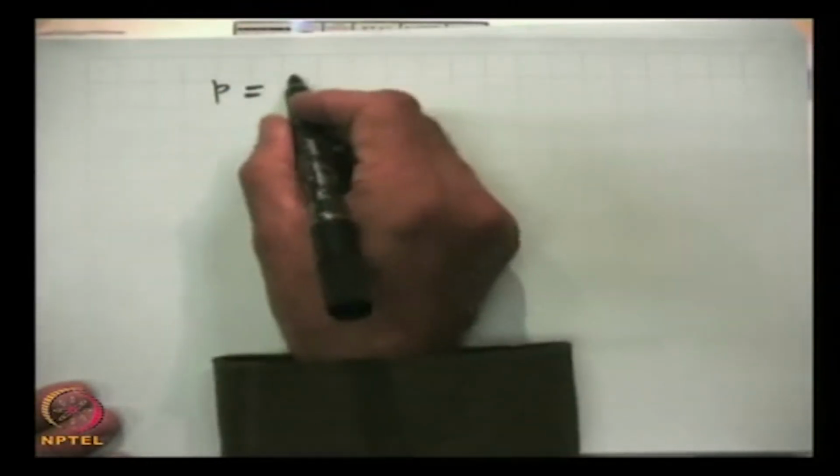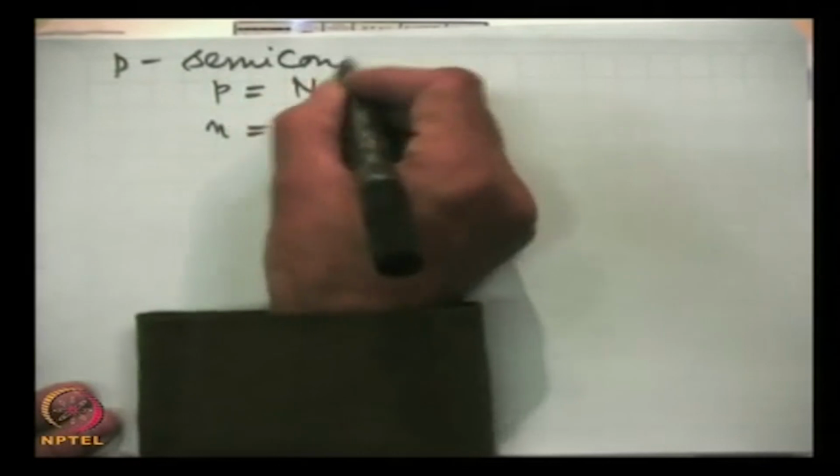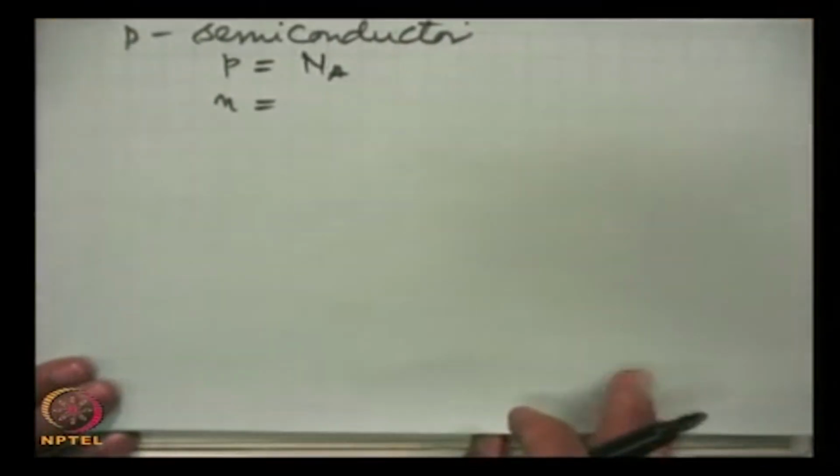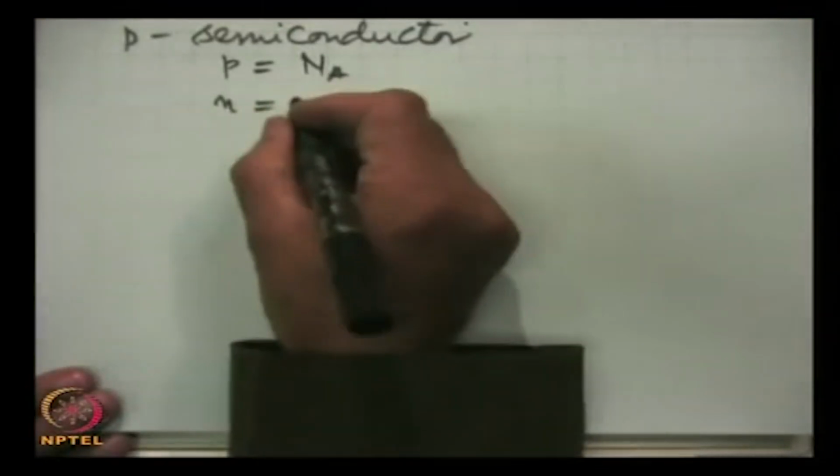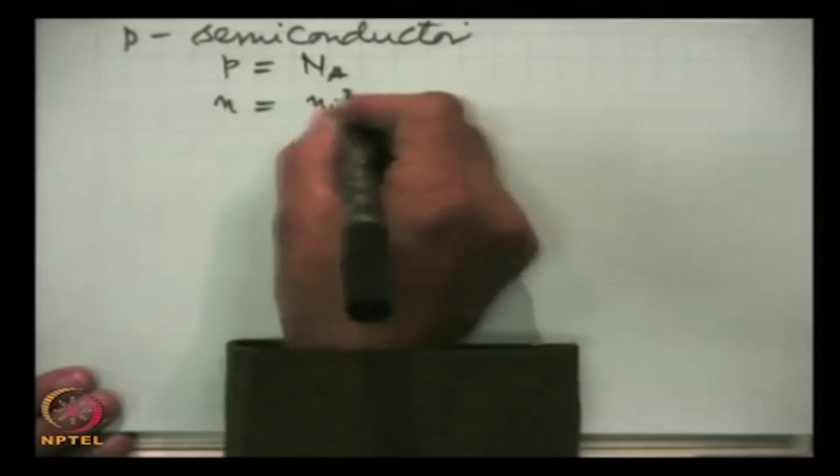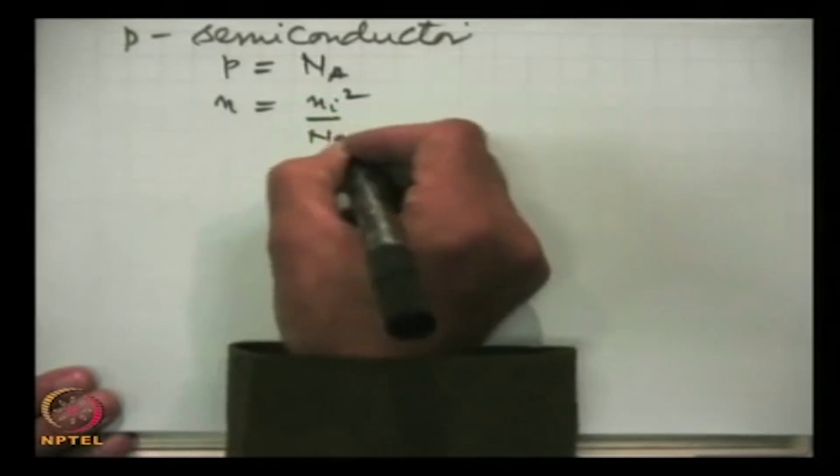For that, the hole density will be equal to the acceptor atom impurity Na, and n, this is for p-type material, p semiconductor, and this is equal to Ni square by Na.